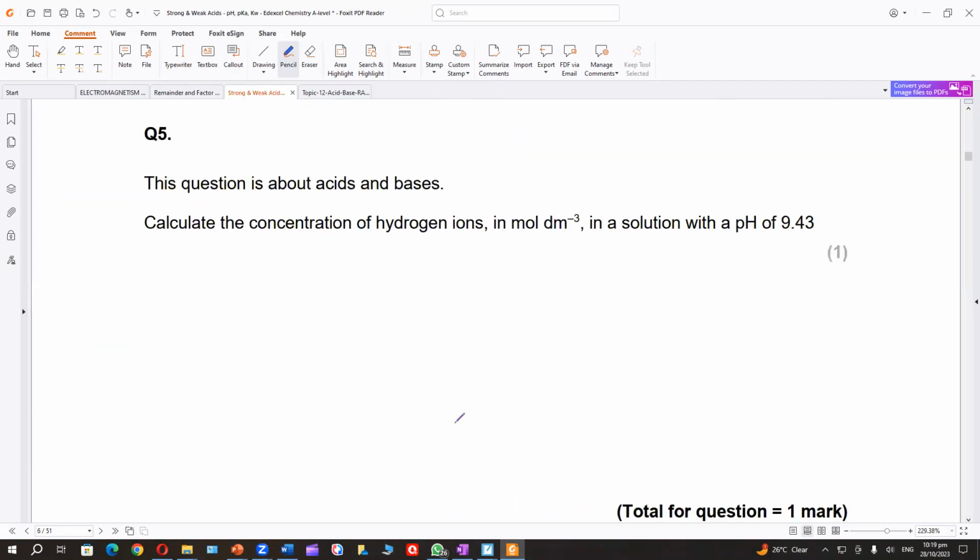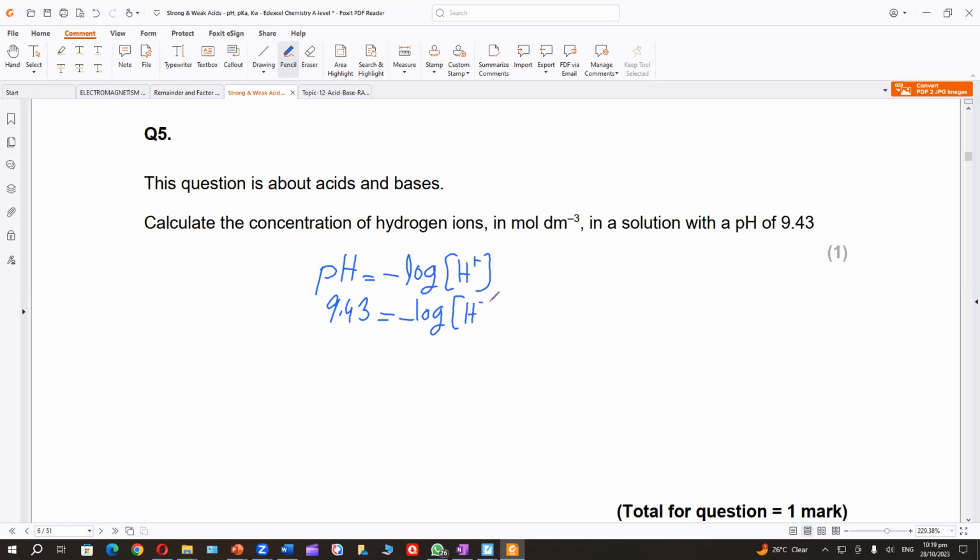This question is about acids and bases. Calculate the concentration of hydrogen ions in mole per dm cubed in a solution of pH 9.43. That looks easy. Okay, so calculate the concentration with pH. Oh, that's simple. It'll literally be 10 to the power of negative 9.43.